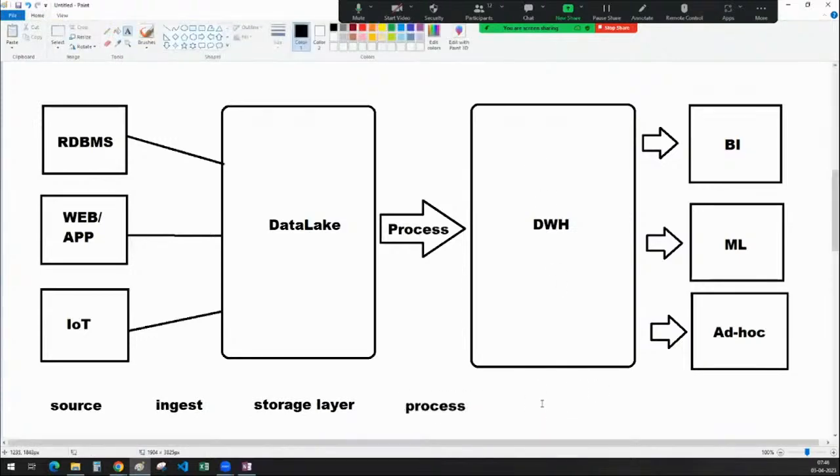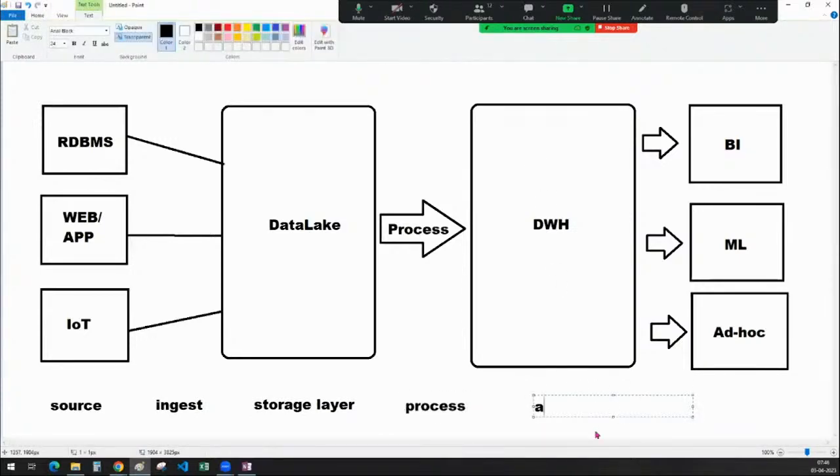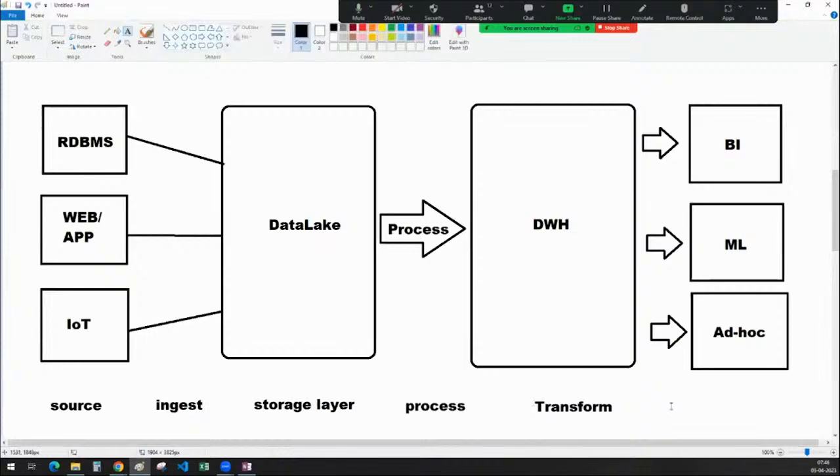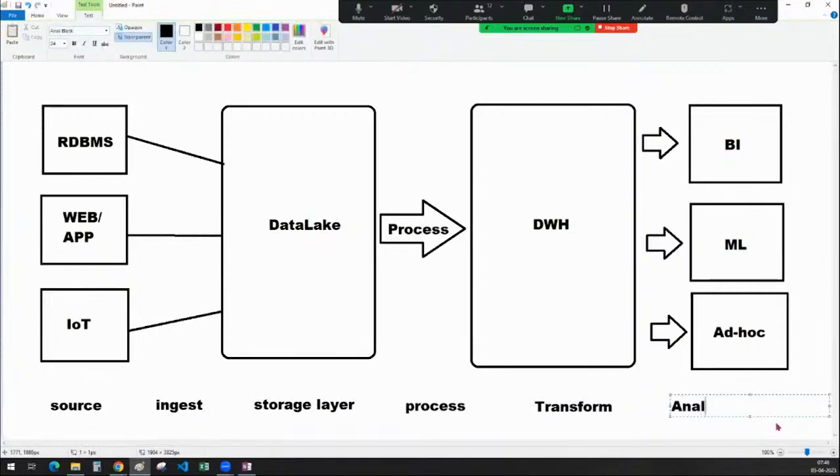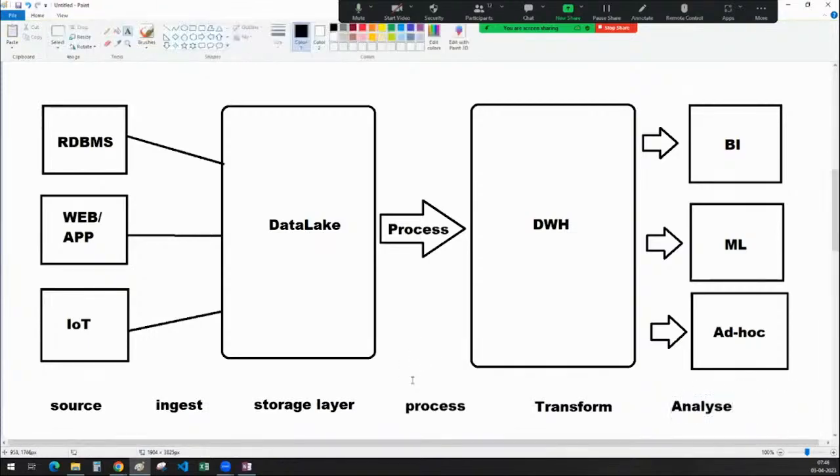In a data warehouse, we are trying to analyze the data, transform, and finally analyze. So this is what is meant by a data life cycle. In a data life cycle, you get the data from a source. You do the ingestion into a storage layer, and you do processing on top of it to clean the data and prepare the data.